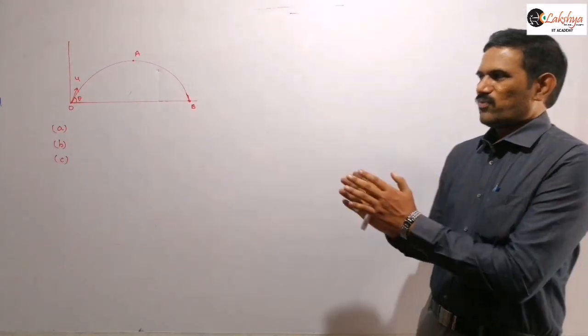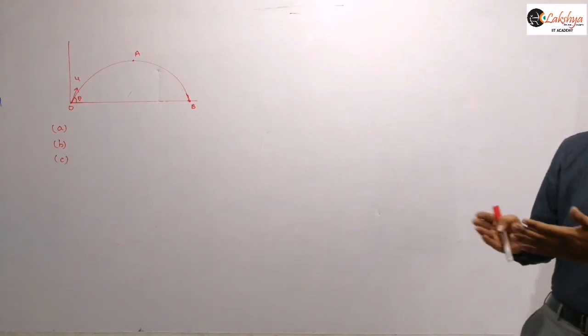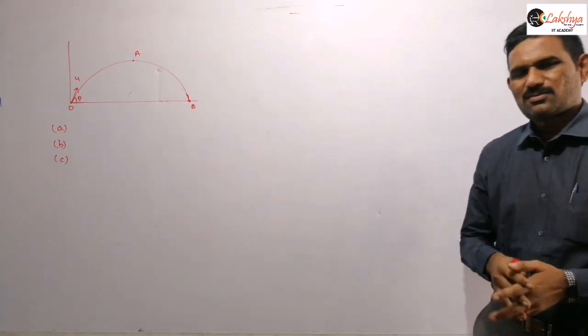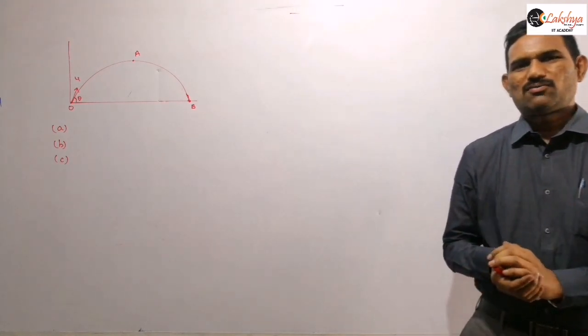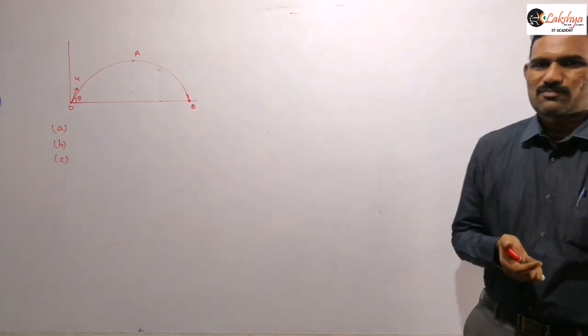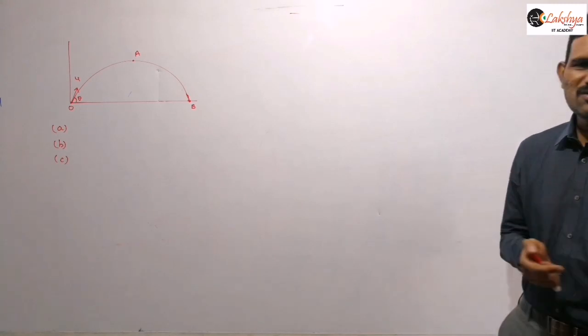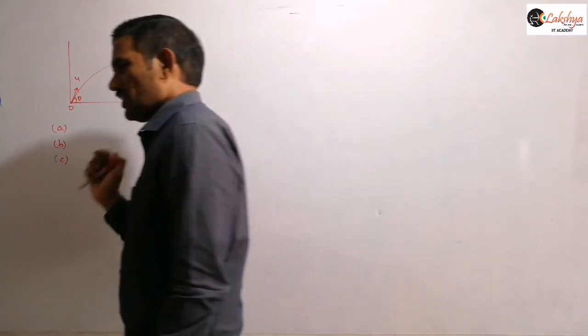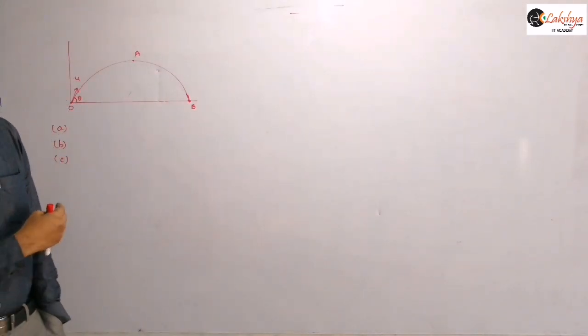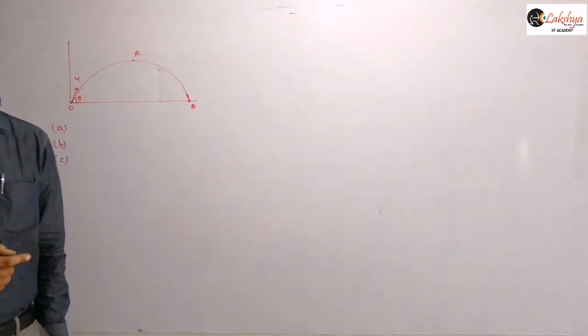If at time t you calculate the first, the remaining two you can just substitute those t values, but in general they may frequently ask about the highest point and the landing point, so I am giving those expressions also now. If you know how to calculate the first as a function of time, the remaining you can solve easily.